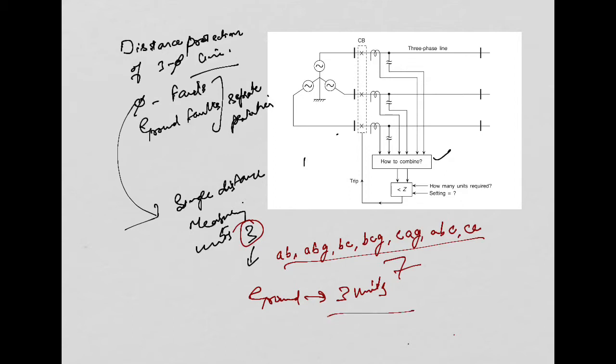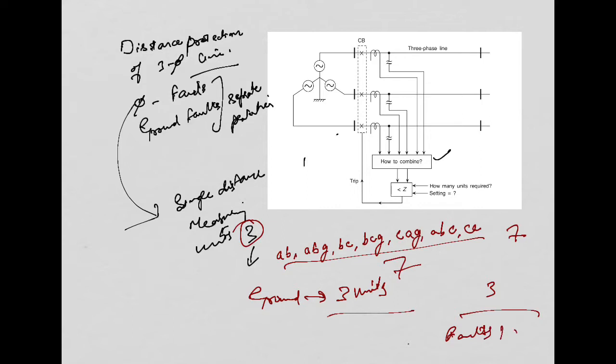Therefore we can say that 6 measuring units are required for protection against all the 10 shunt faults. There are 7 phase faults and 3 ground faults, so the total is 10 shunt faults.